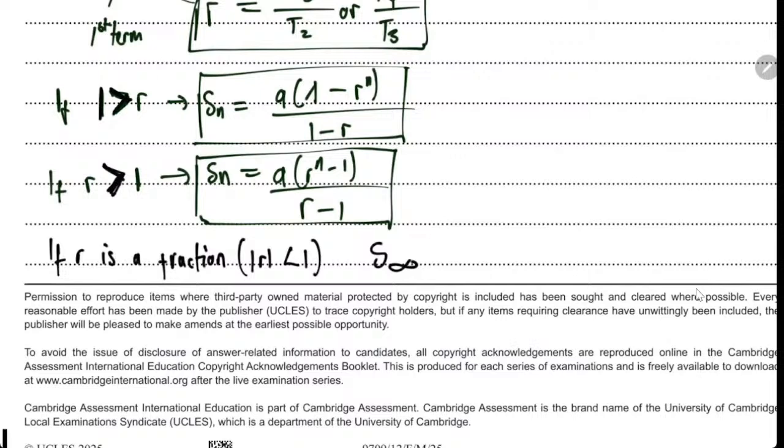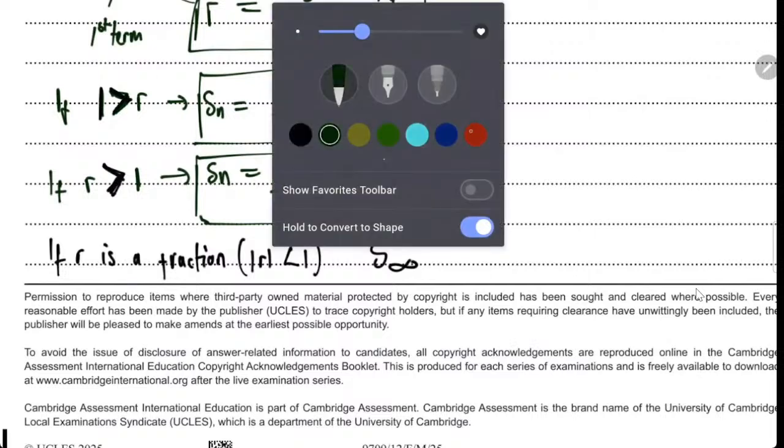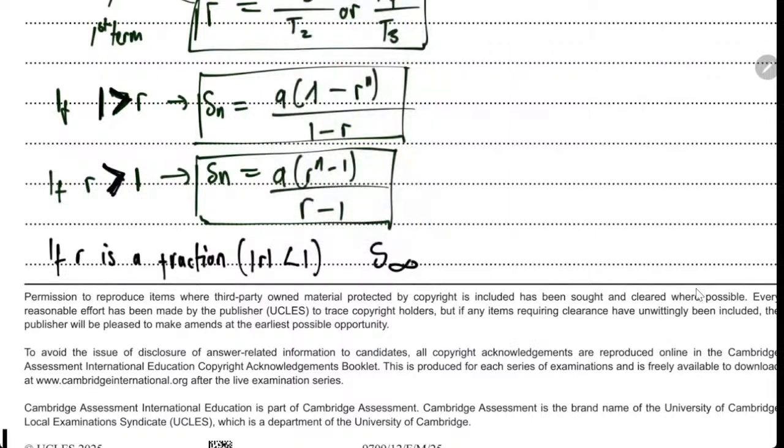When r is less than 1, the value of r is a fraction, so it's between 0 and 1. So here's how you do it. You say S to infinity is going to be a over 1 minus r. Okay? Sum to infinity.